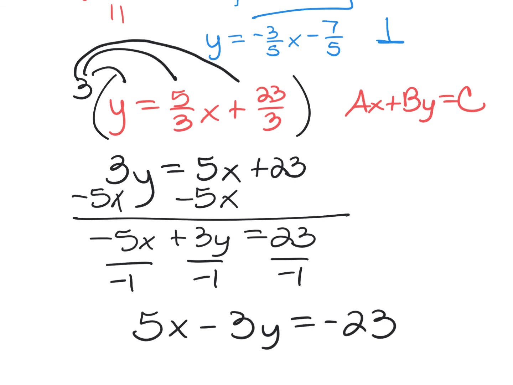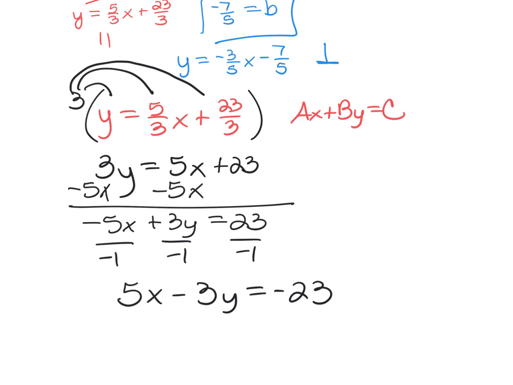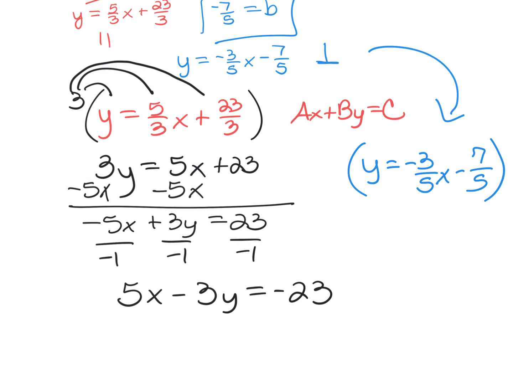We can do the same thing to the other one. Put the blue one in standard form. So here was my blue perpendicular answer. Again, I'm going to clear the fraction. So I'm going to multiply everything by 5. This becomes 5y equals -3x minus 7.